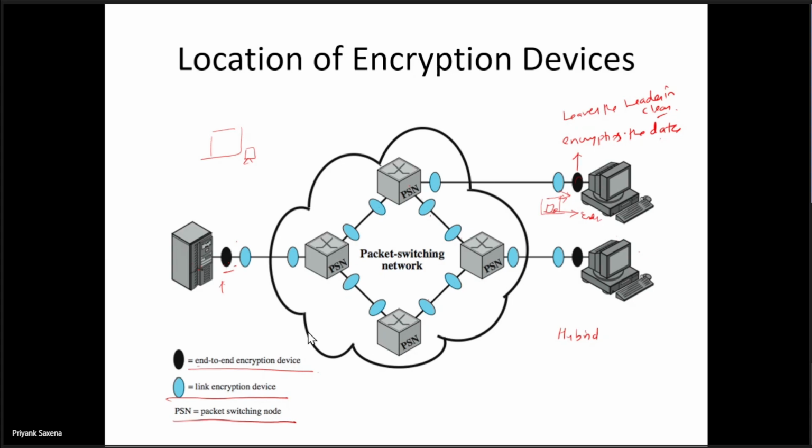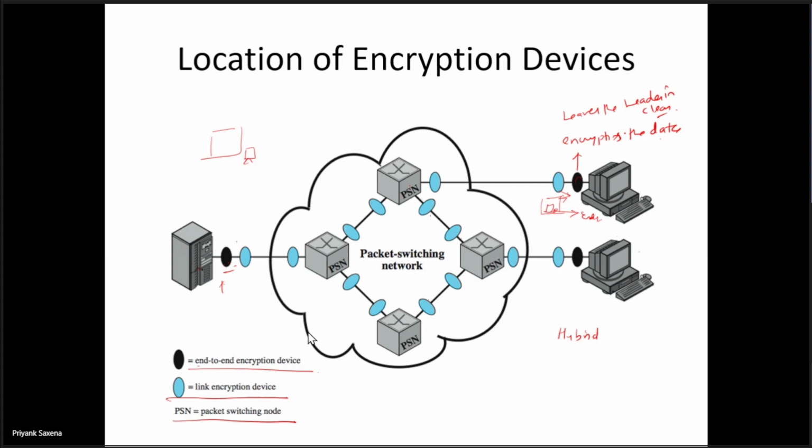So there are two possibilities of encryption, right? Either we encrypt the link. So you can see that this blue line shows the link is encrypted. The whole link is encrypted. Link to link encryption. There are two possibilities: link to link encryption or end to end encryption.